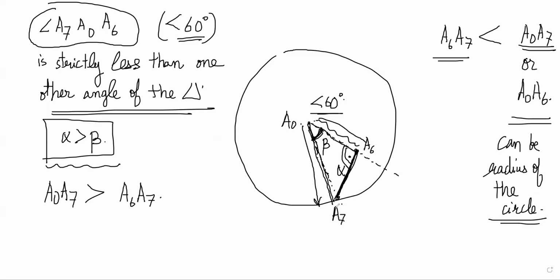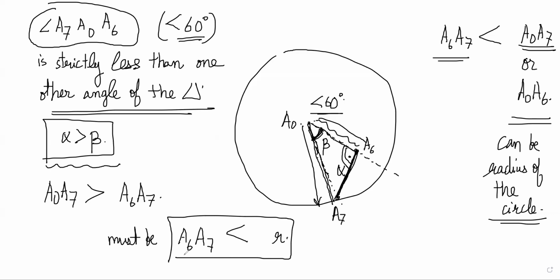So there must be a side A6, A7 which is less than the radius of the circle in length. So what we have found are 2 points A6 and A7 whose distance between them is less than the radius of the circle.